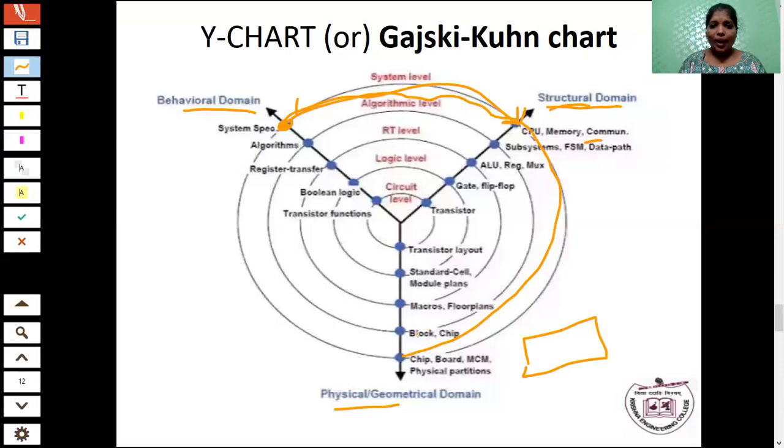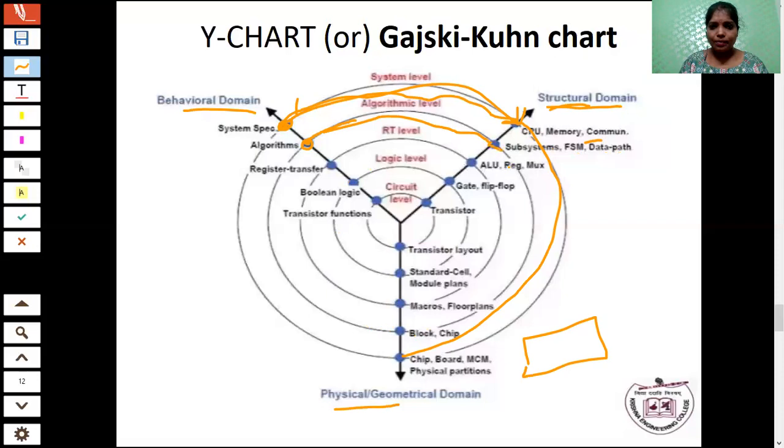Once you complete the chip board, the next level is the algorithmic level. In order to implement the system, we are going to define the algorithm or flow chart. From this algorithm, we are going to subsystems. What are the subsystems? At the algorithmic level, that is finite state machines, data paths, and so on.